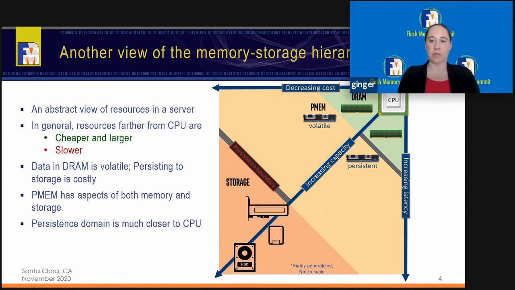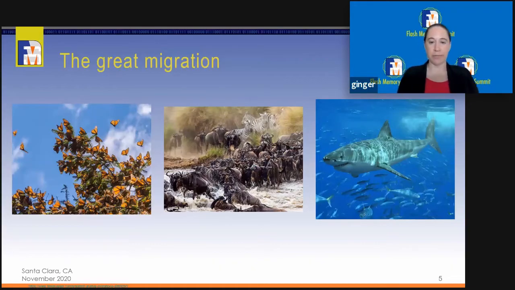As I was designing this diagram, it made me think of the fact that all of the resources on the system are stationary, they're not going anywhere, but you as an application designer make choices as to where you want that data to move all around the system, which made me think about how animals in nature migrate.